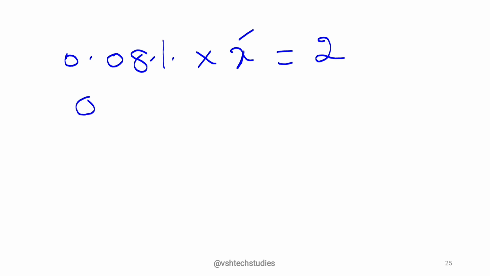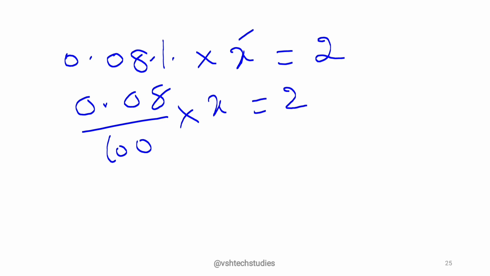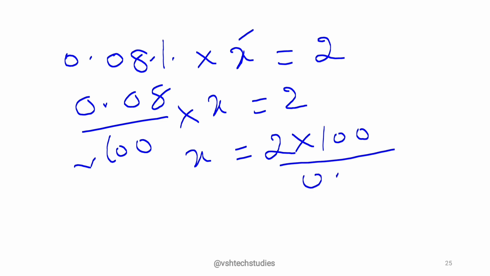So 0.08% of means into X equal to 2. How much has he examined? That is X. So 0.08% means 0.08 upon 100, into X as it is. This is 2. Now keeping only X on this side, if you move 100 to the other side, it becomes numerator, as it was in the denominator. Now 0.08 moves.